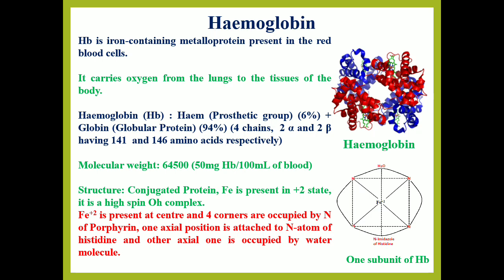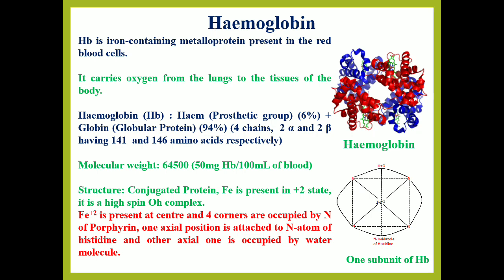Hemoglobin is a conjugated protein where iron is present in the center of the macrocyclic ring. It is known as a metalloporphyrin. That means the porphyrin ring here acts as a ligand. Iron is present in the center, and the 4 nitrogen atoms of the porphyrin ring are present at the corners.